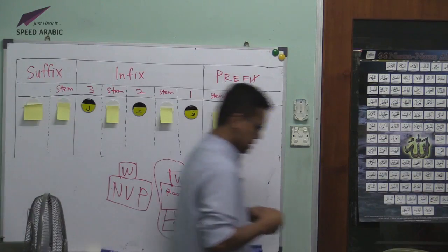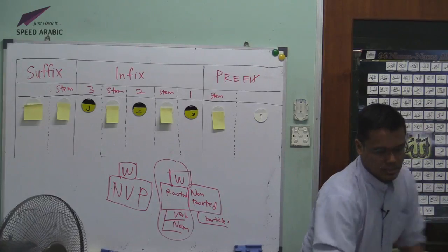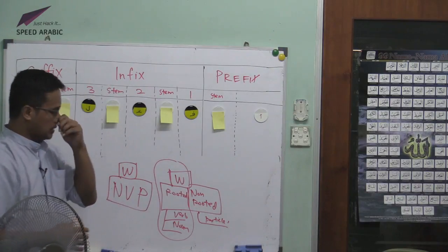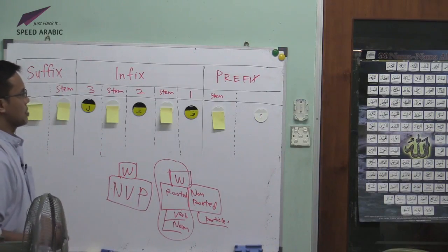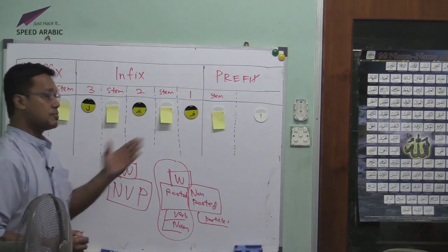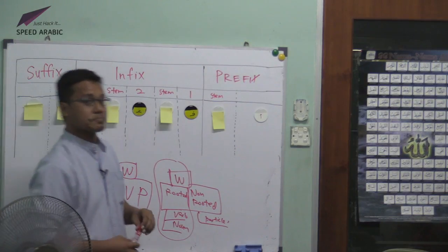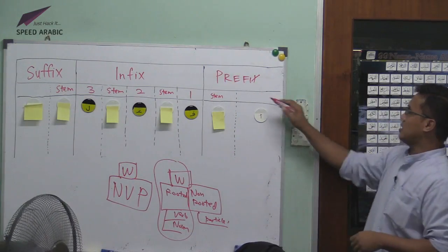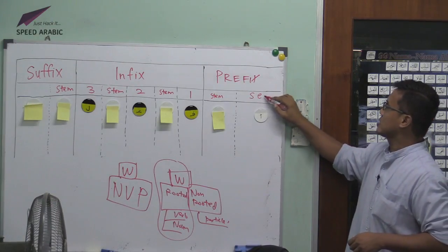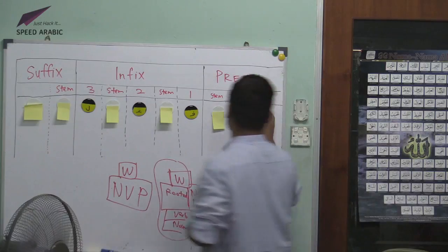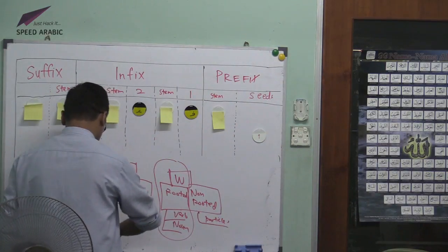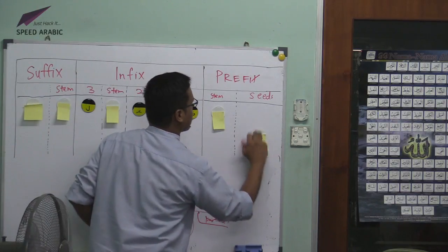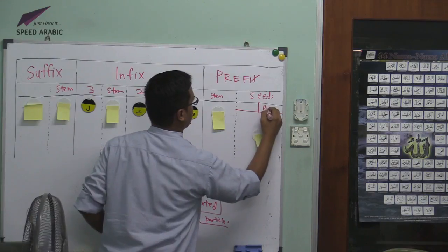Just now you were writing down about the particles and the pronouns. Where do those things go in these boxes? Prefix, infix or suffix? Prefix. So the seeds go here, the seeds which are comprised of pronouns and particles.